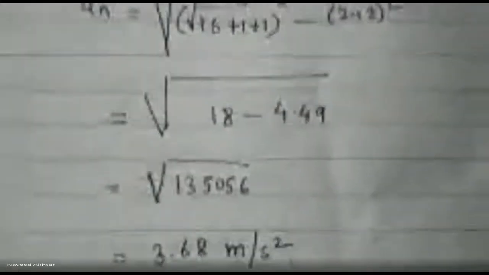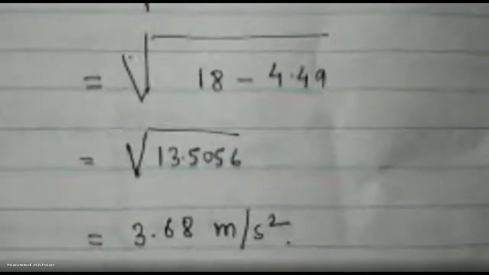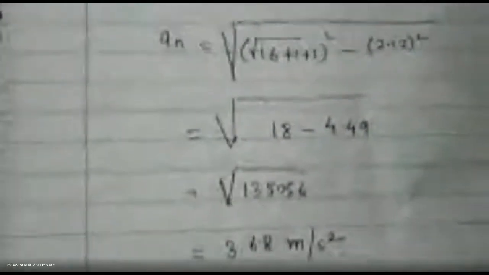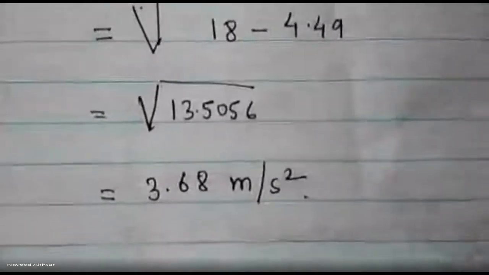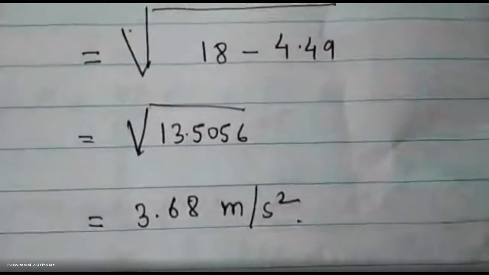If you calculate, this value will be 18 minus 4.49, under root of 13.5056. It will give the normal component of the acceleration, normal to the velocity. If you solve, the value will come 3.68 meter per second square.